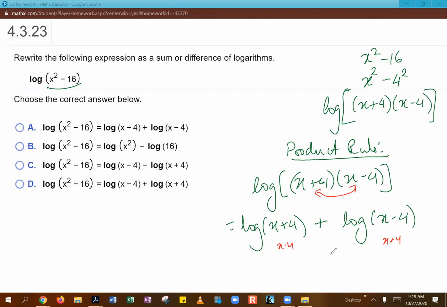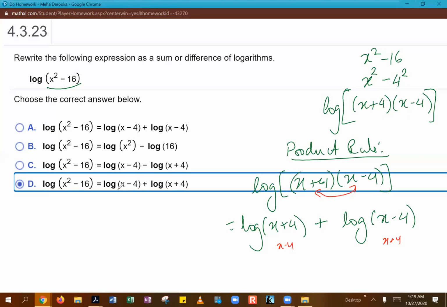So for the product rule, these numbers can definitely interchange, because I think that's what we have over here. Yeah, they have x minus 4 as the first one and x plus 4 as the second one. So these pairs can definitely change. And so, very nice. Our answer is going to be option D.